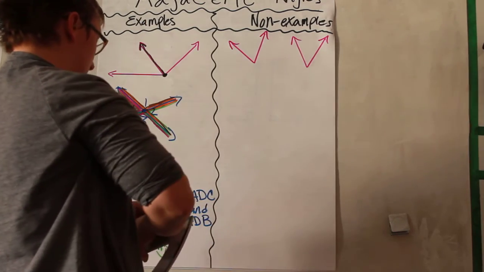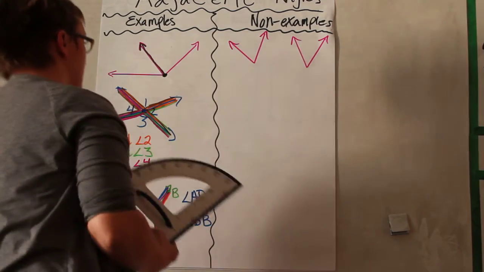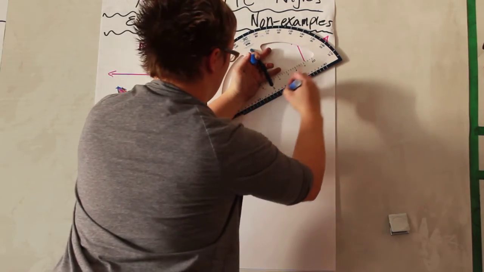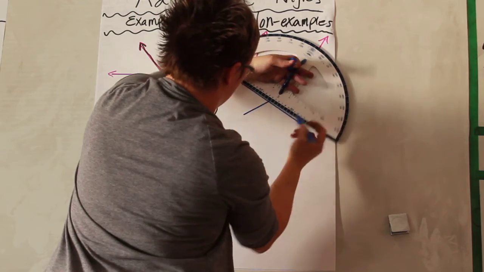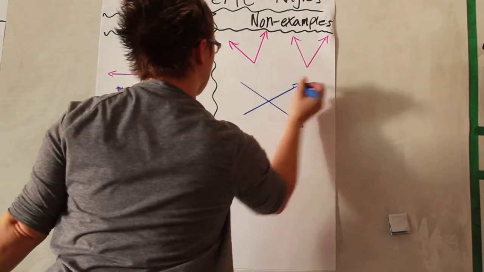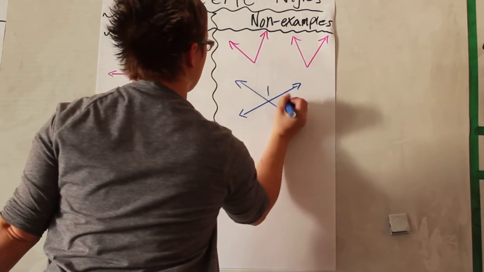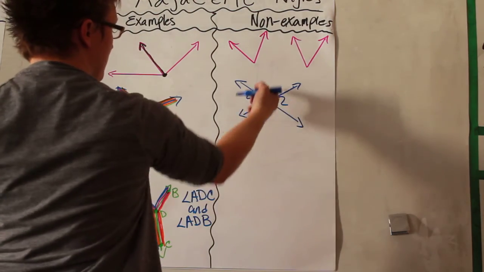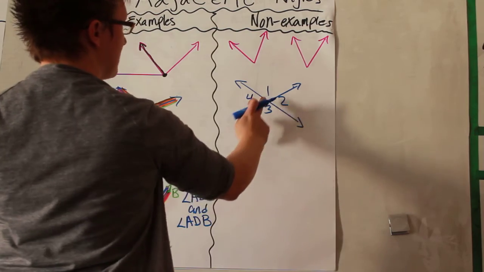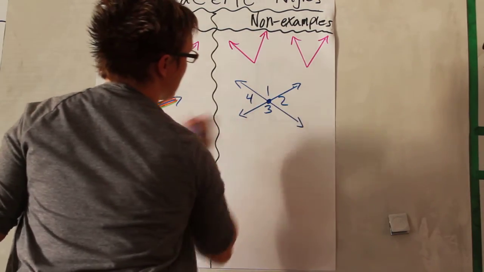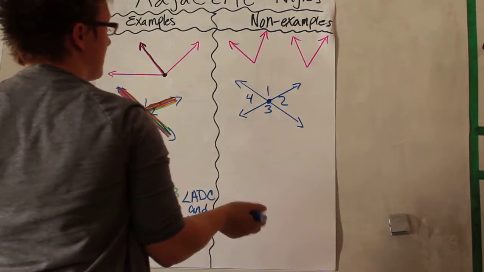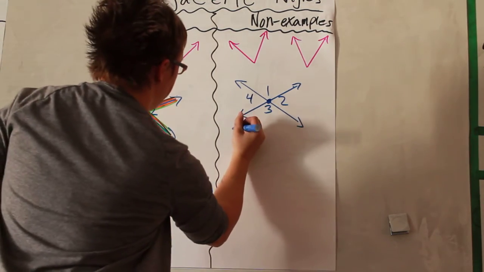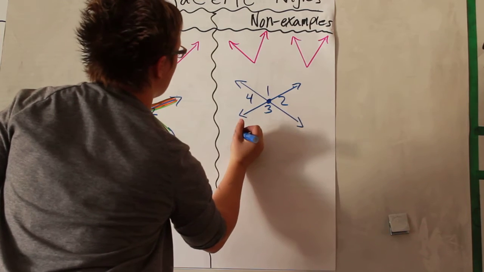All right, and then if we looked at one that was also in the same cross form, if we had the same one, the ones that are straight across from each other are the ones that are not adjacent, because even though they still share this vertex in the middle, they do not share a side, therefore they do not match in their definition.